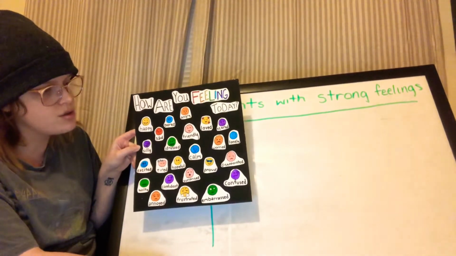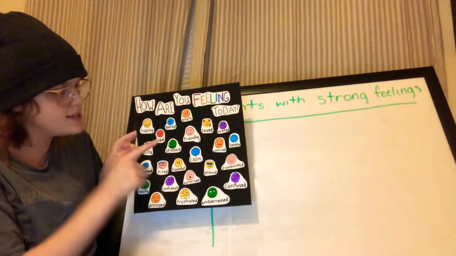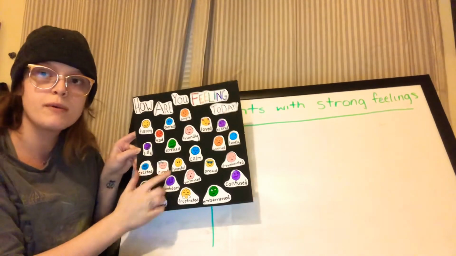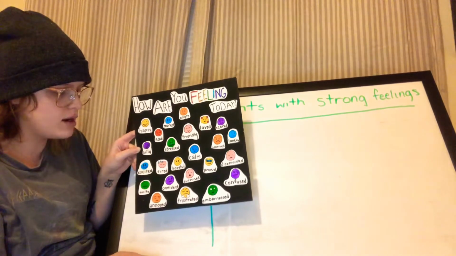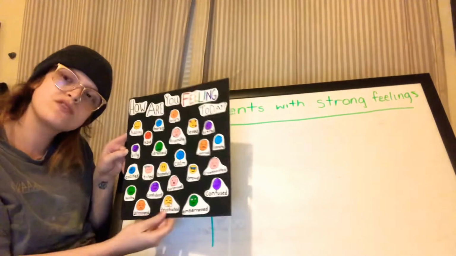You think I should do confused? How about sad? Or maybe hopeful? That might be a good one. But I think today I'm gonna do excited. I just think that sounds fun today.